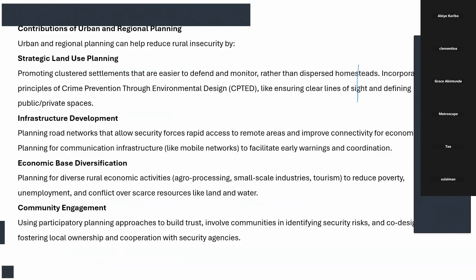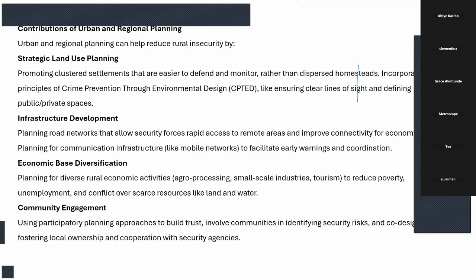Maybe each family will be living on their own farm in the form of a farmstead. So in order to protect their lives and properties, there is need for all these families living alone to come together to form clusters.